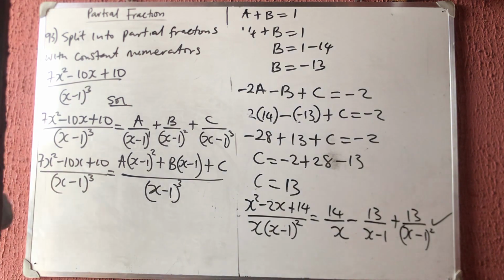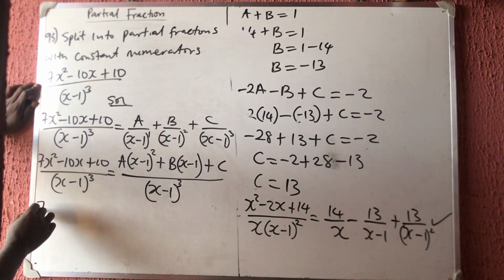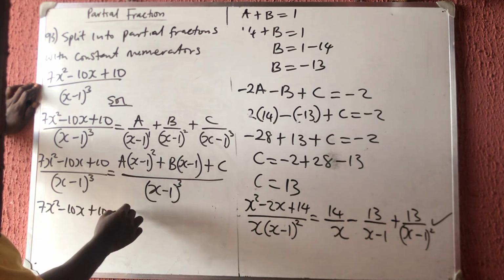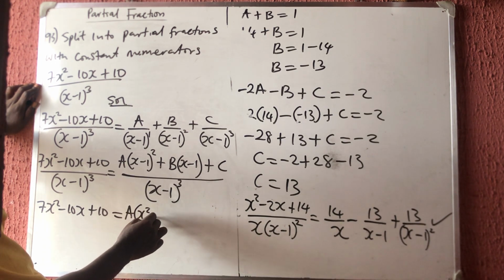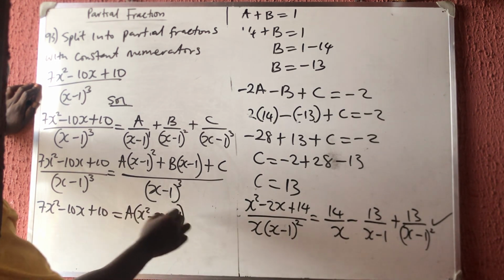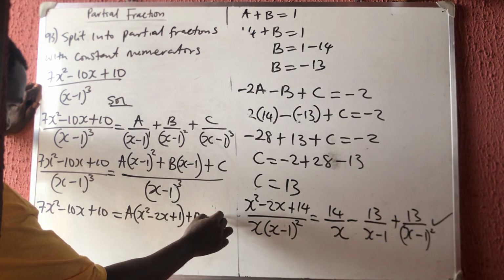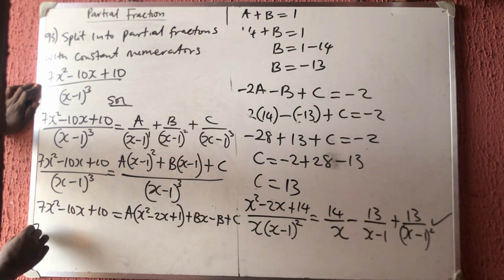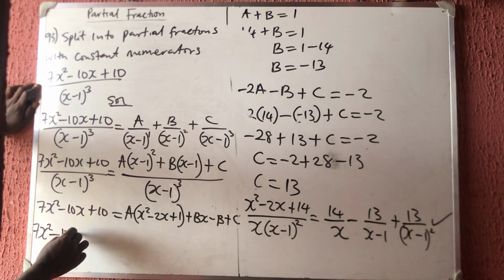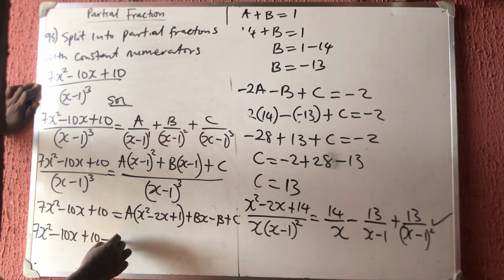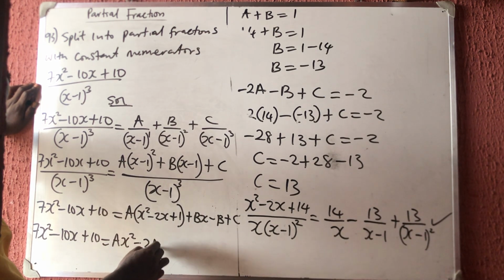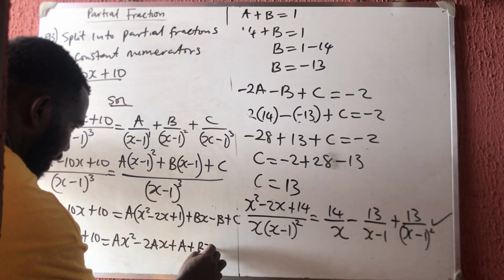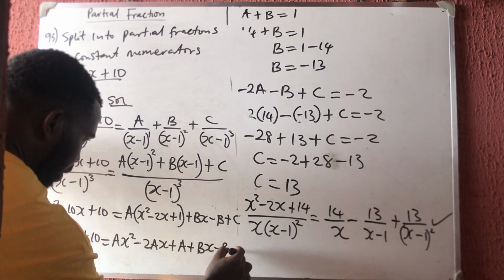If denominator cancels denominator, I'll have 7x squared minus 10x plus 10 is equal to a into x squared minus 2x plus 1, then plus bx minus b, then plus c. So this is 7x squared minus 10x plus 10 is equal to ax squared minus 2ax plus a, then plus bx minus b, then plus c.